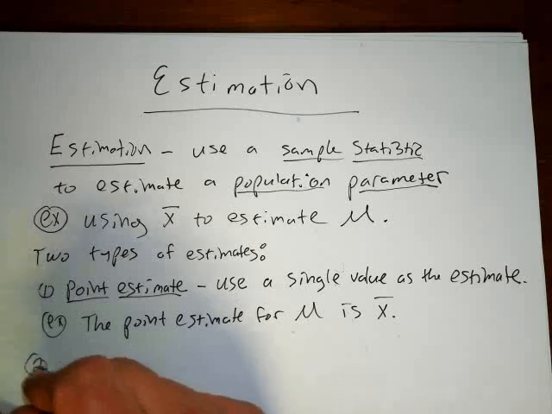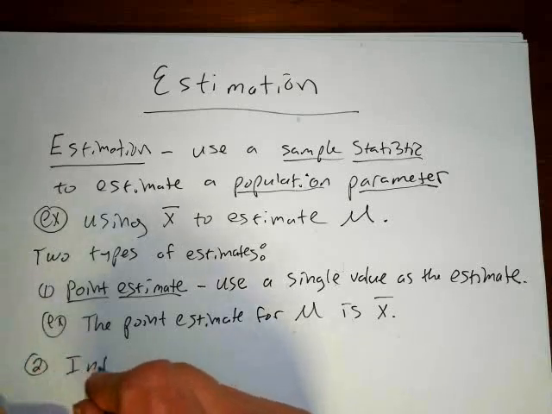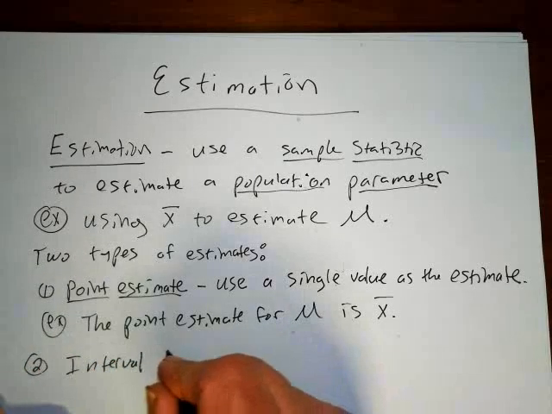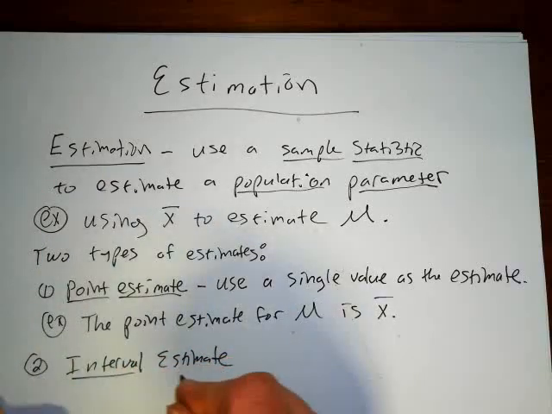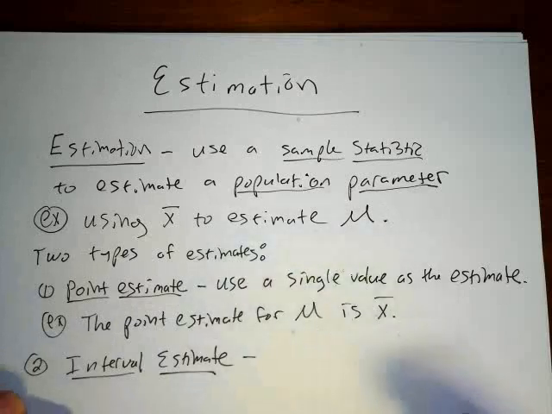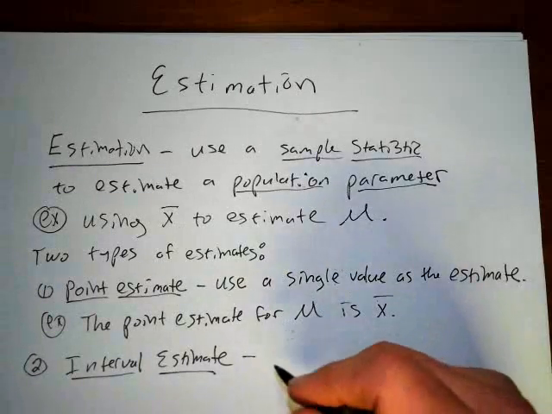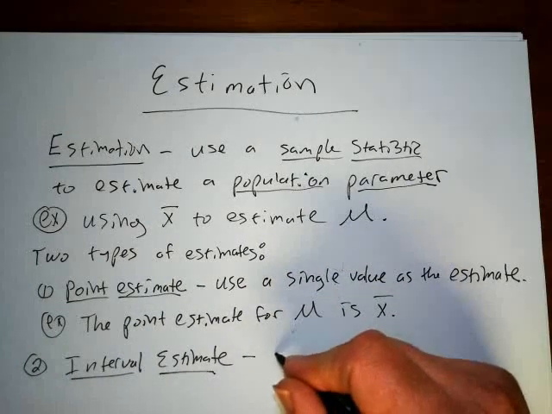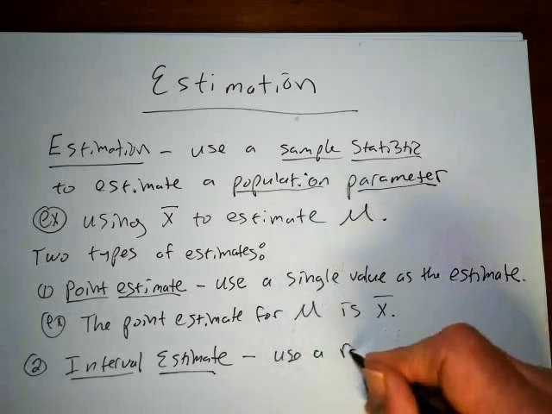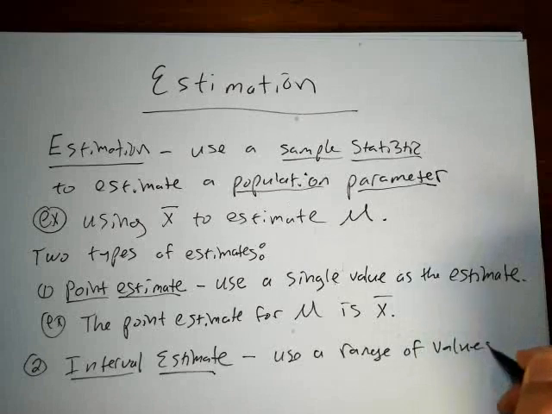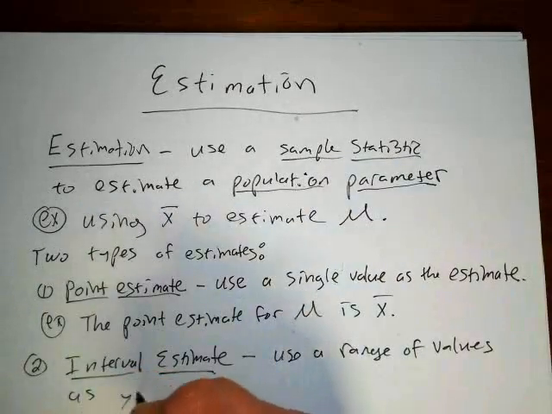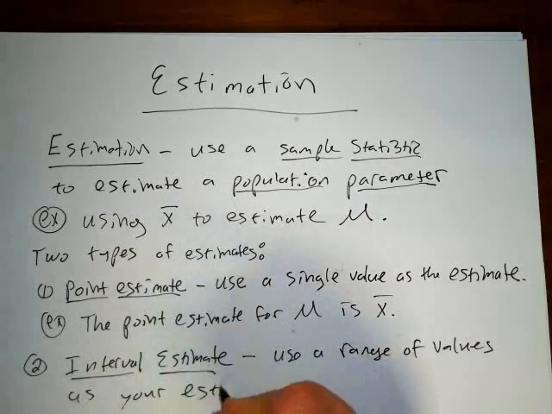The other type of estimate is an interval estimate. So there are point estimates and then there are interval estimates, where you use a range of values as your estimate.